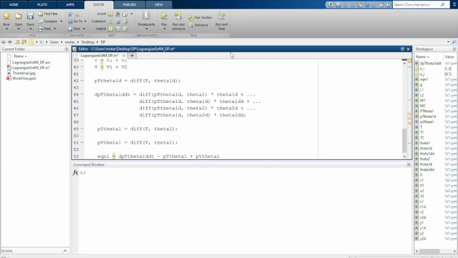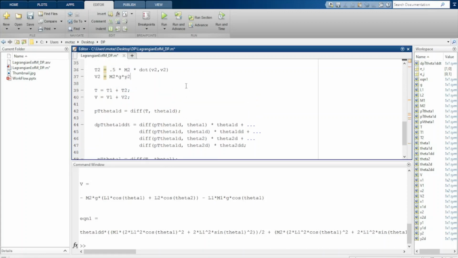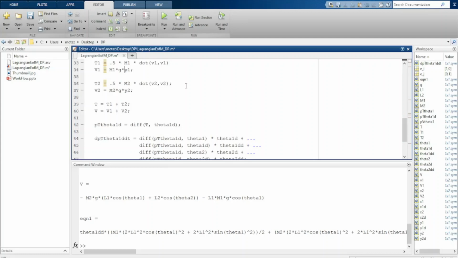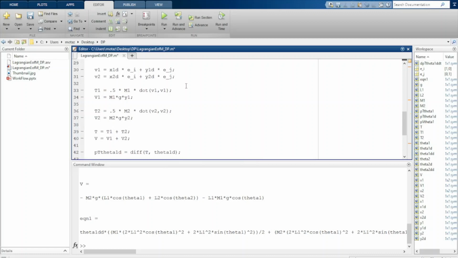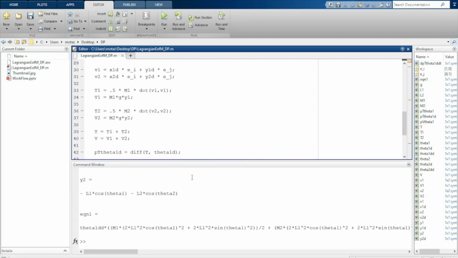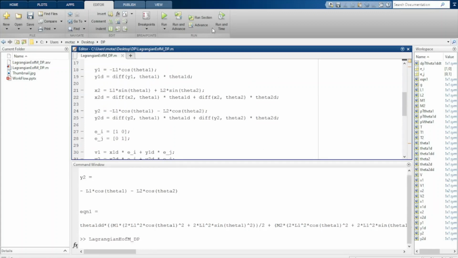And now we can run that and put some semicolons here so we don't see everything. Okay, run that again. On y2, let's put a semicolon here. Run that again.